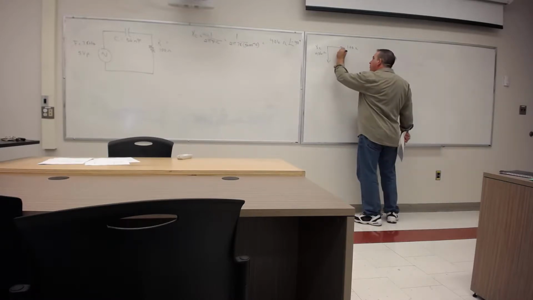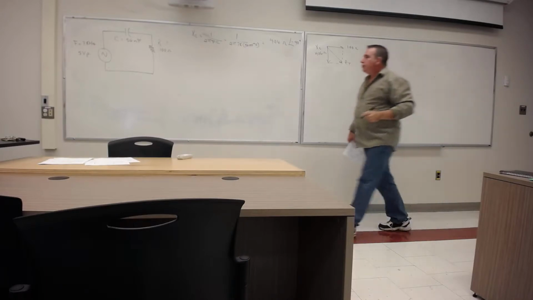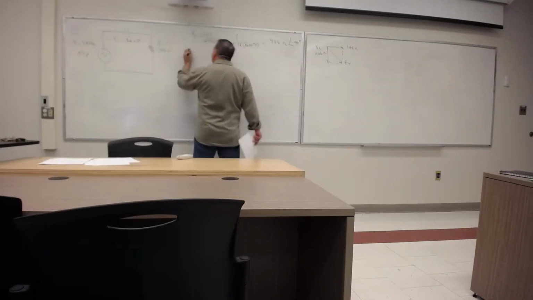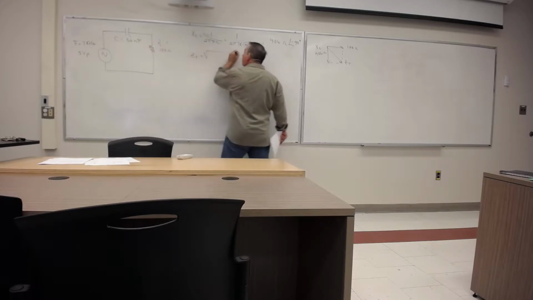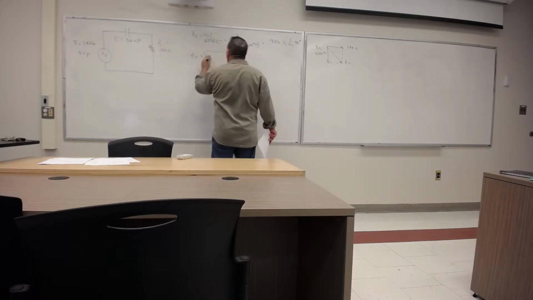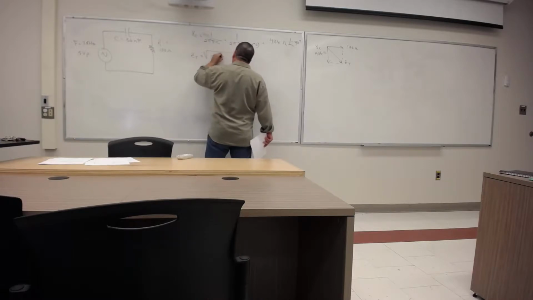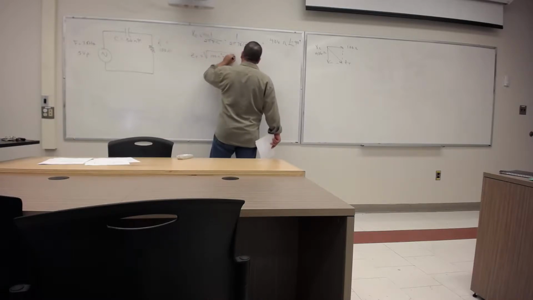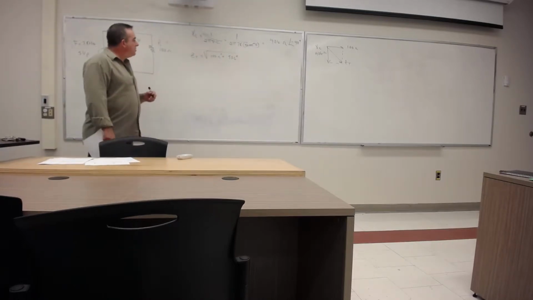So if we do a vectorial sum of that, you end up with another vector right over here that we call total impedance, ZT. So if we want to figure that out, Z total is equal to the square root of, well, we'll square our resistance, and we'll square our capacitive reactance.